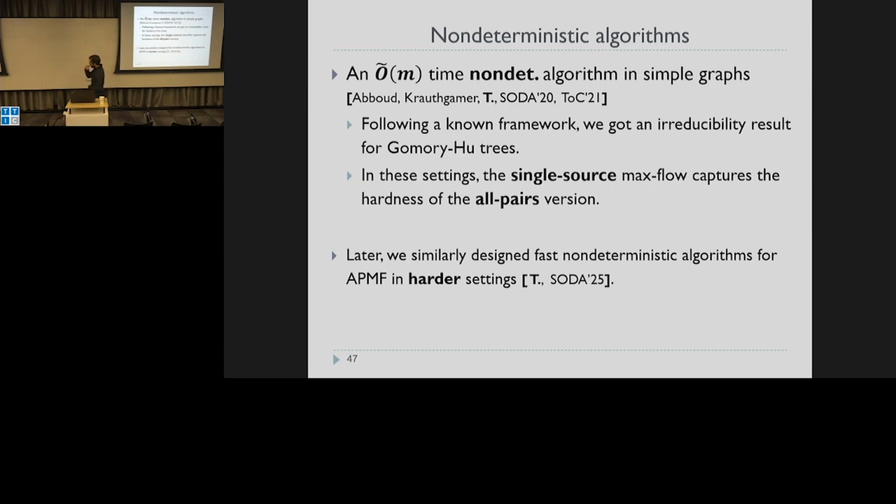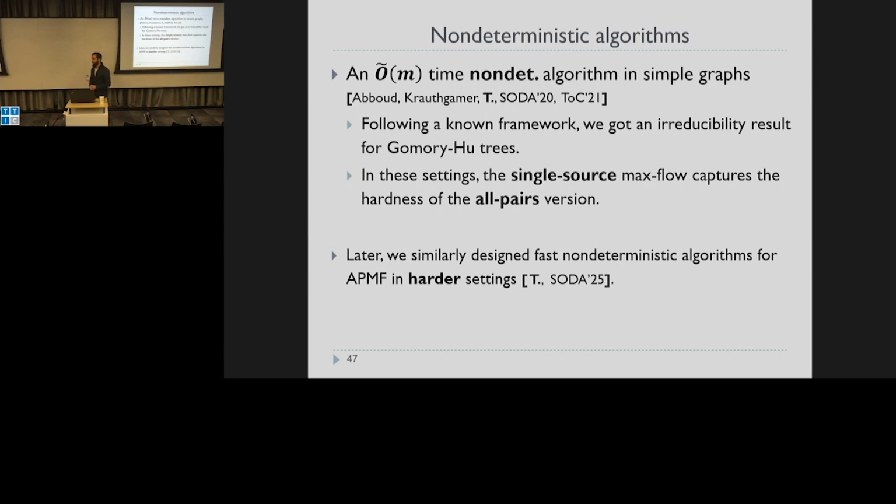But another conclusion is that in this non-deterministic algorithm, we got an algorithmic insight. Even though it is much stronger, it was still interesting to know that the single source max flow problem already captures the hardness of the all pairs version.